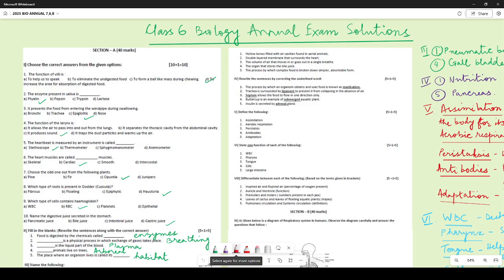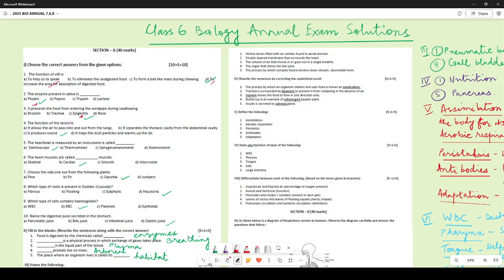Now third question, it prevents the food from entering the windpipe during swallowing. So the correct answer is epiglottis. Over here we have the answer is ptyalin, and to increase the area for absorption of digested food.